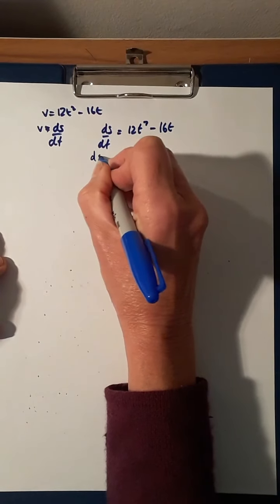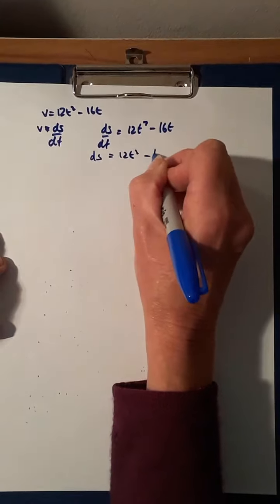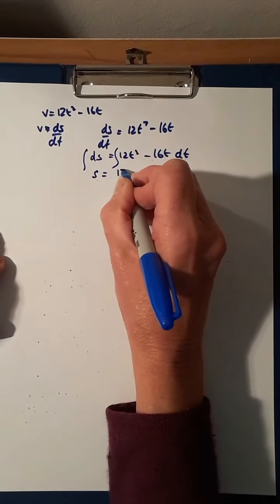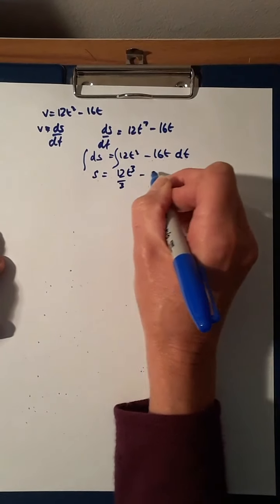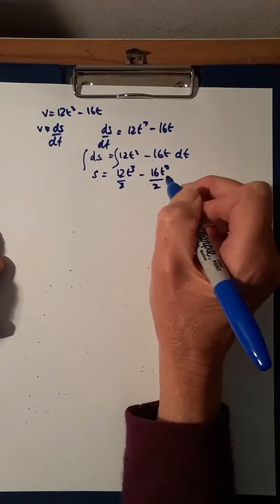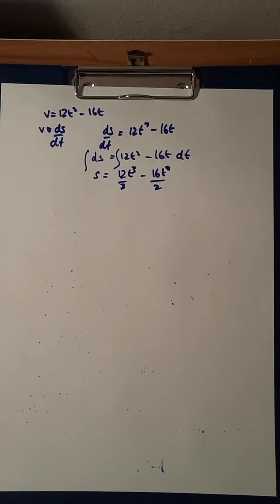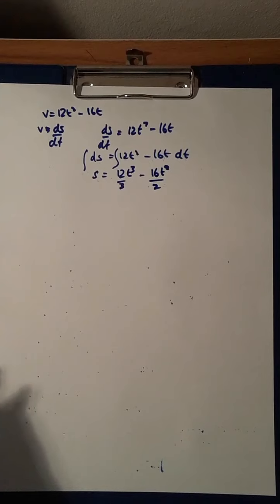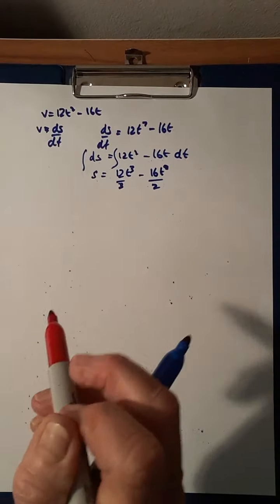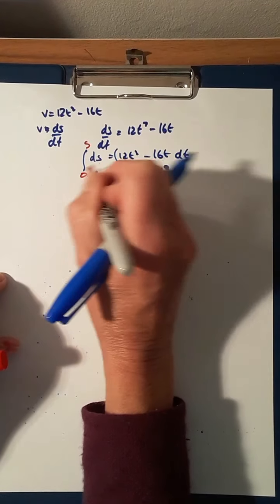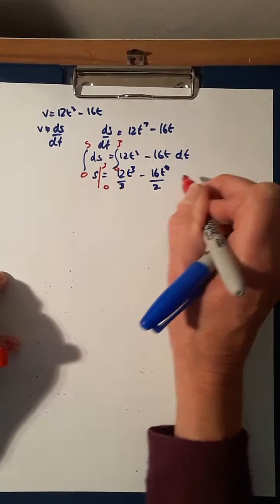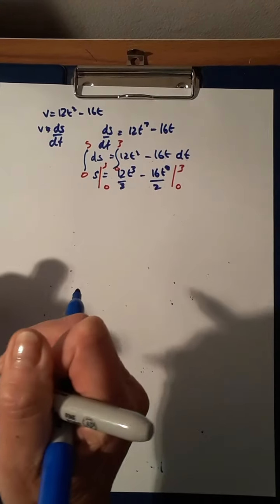I'll separate the variables: ds is equal to 12t squared minus 16t dt. I'll integrate both sides. This becomes 12t cubed over 3 minus 16t squared over 2. My limits, of course: s is going from 0 to s and t from 0 to 3.